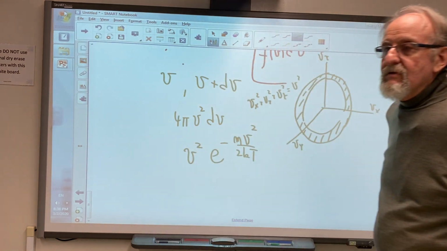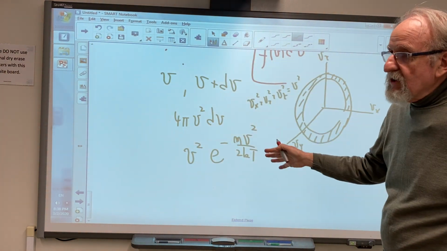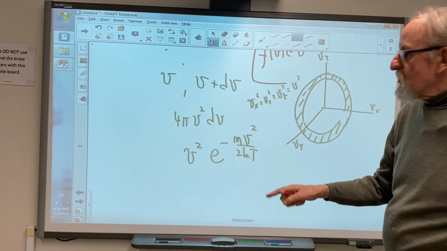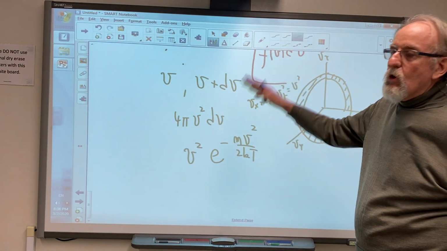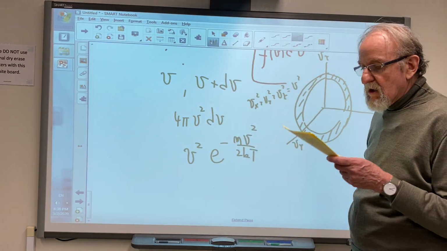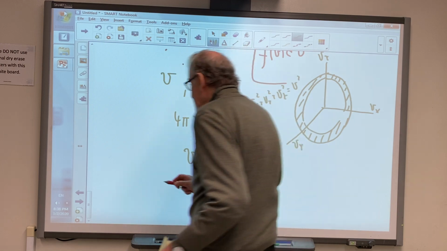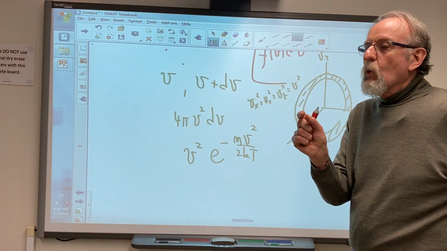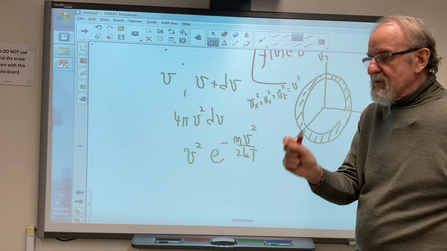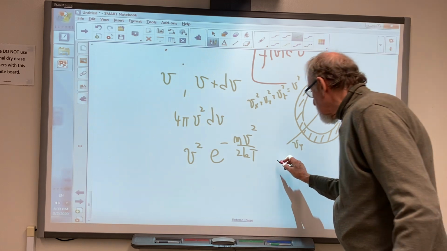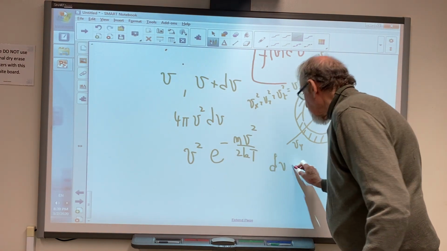There are constants in front, I don't care, because I will get them by requiring, as usual, that the integral over all possible states gives 1, because it has to be a distribution. But the important point is that in the Maxwell-Boltzmann distribution, the number of molecules which will end up with velocities between v and v plus dv is proportional to this, and obviously dv.